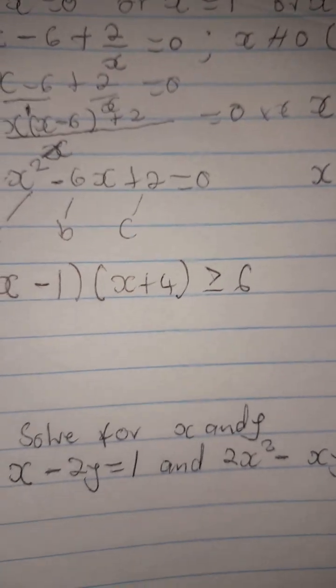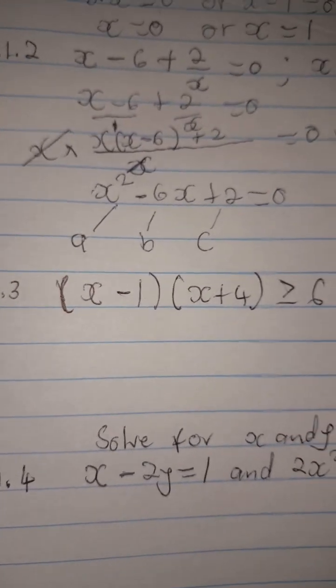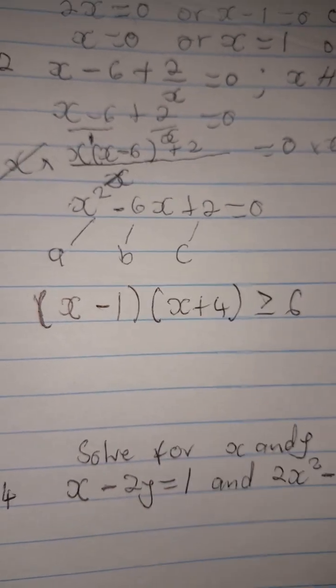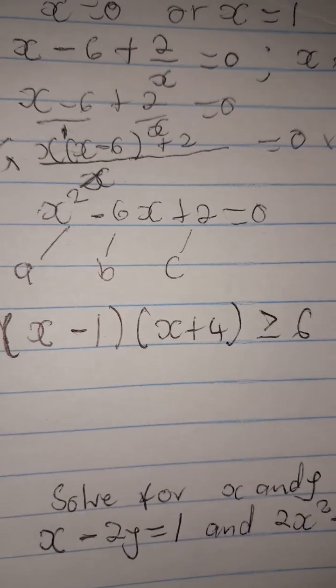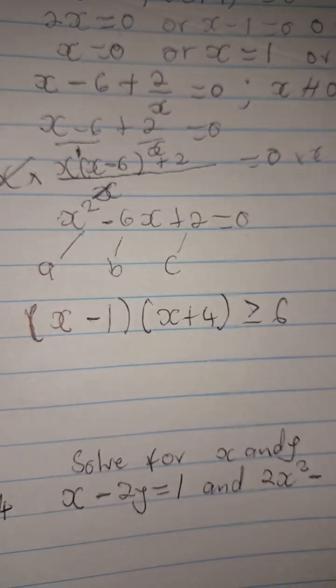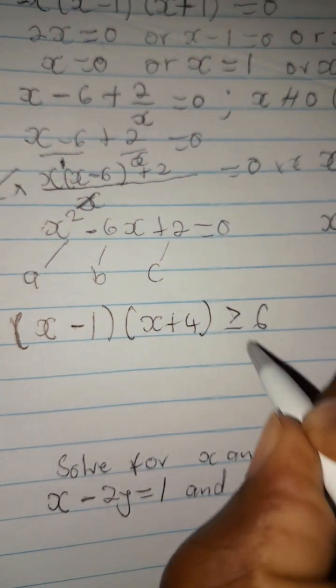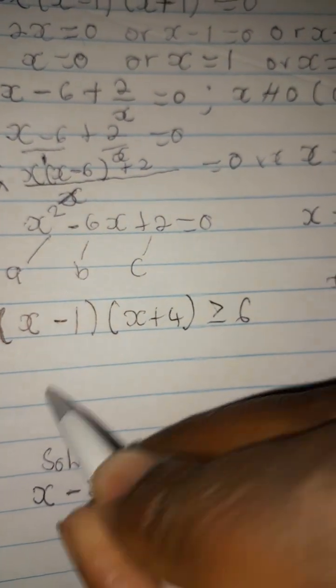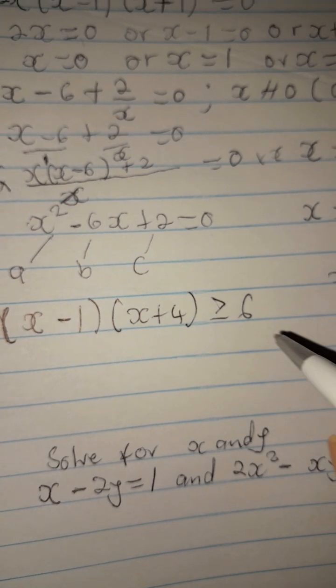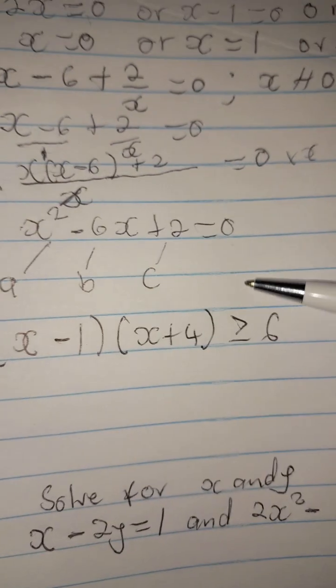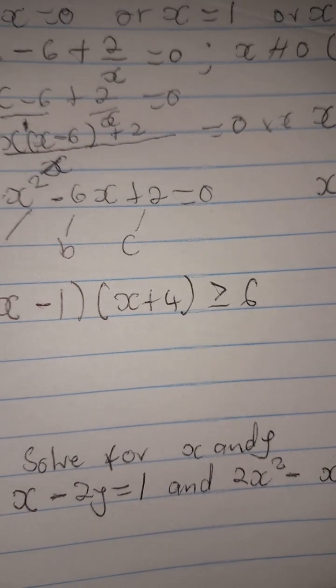Right, let's go to our third question. So we could see that this is an inequality. So first thing first, we are going to work out the brackets, since we're given (x minus 1)(x plus 4), which is greater than or equal to 6.